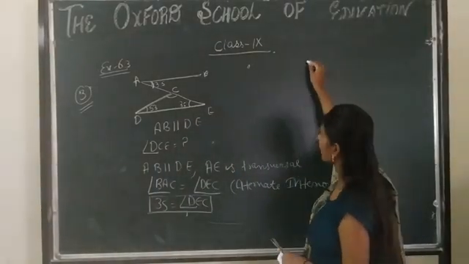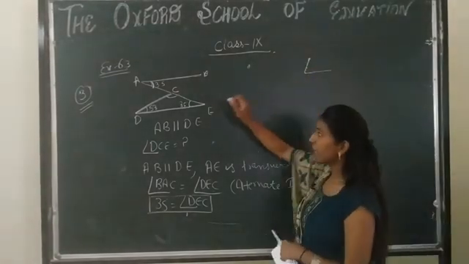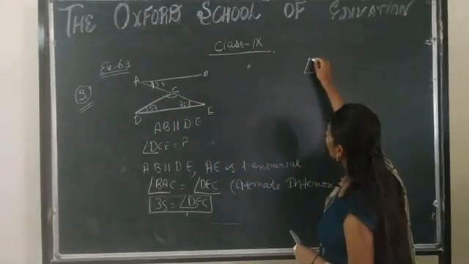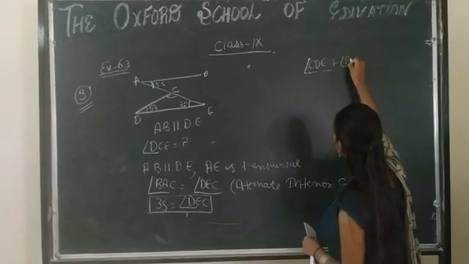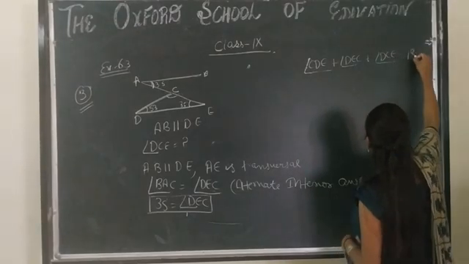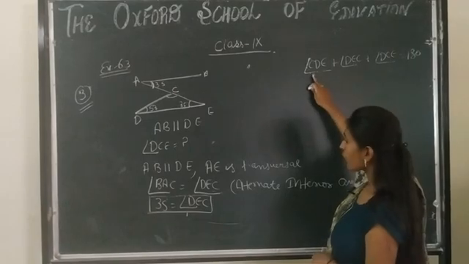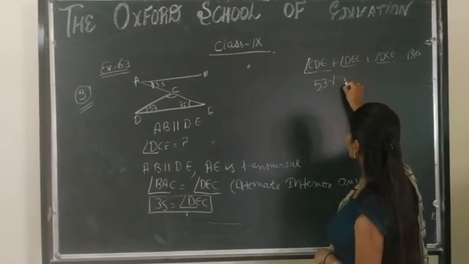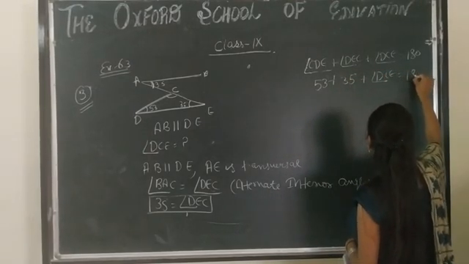We have already done the angle sum property of triangle, which states that sum of angles of triangle is 180 degree. So angle CDE plus angle DEC plus angle DCE is equal to 180 degree because of angle sum property of triangle. Now put the value of CDE, that is 53, DEC, that is 35 degree, and DCE is what we have to find out.